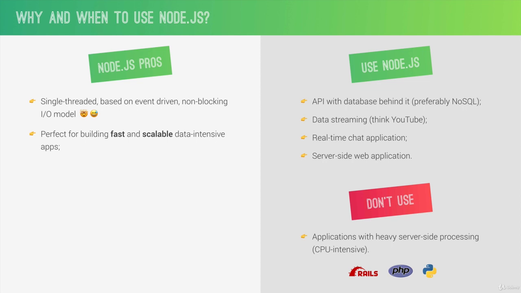So in this case, we're better off using something like Ruby on Rails, PHP, or Python, because Node.js just wasn't developed for these use cases. And although there are solutions for dealing with them, we should always use the right tool for the task at hand. Okay, so these are the types of applications that we can and cannot build using Node.js.